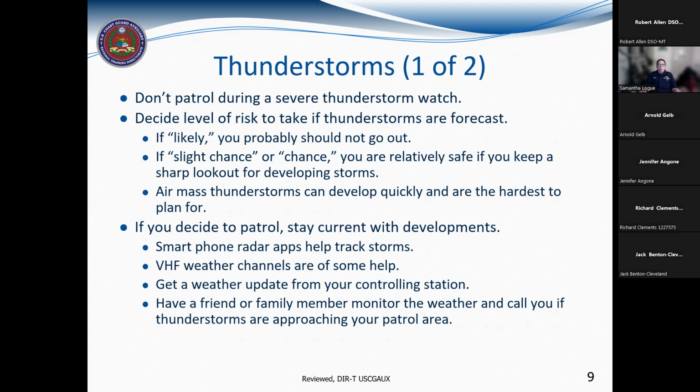So we are going to err on the safe side in any sort of inclement weather. So during a thunderstorm watch, we're not going to want to go out and take the risk to ourselves. So if it's likely that you should not go out, then don't go out. So this is talking about that risk.